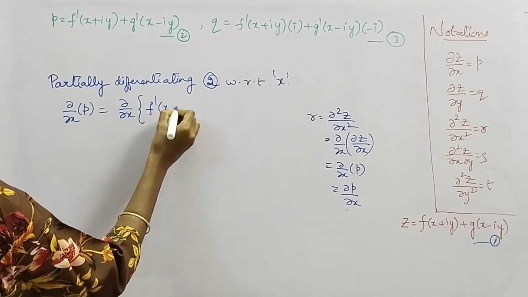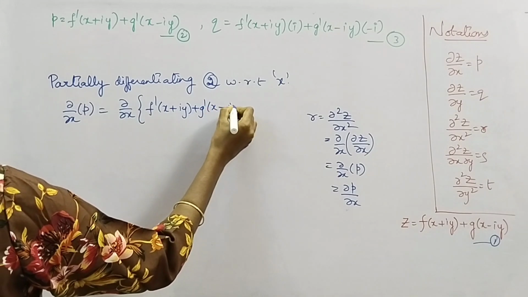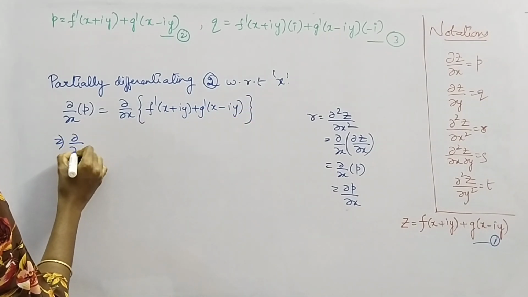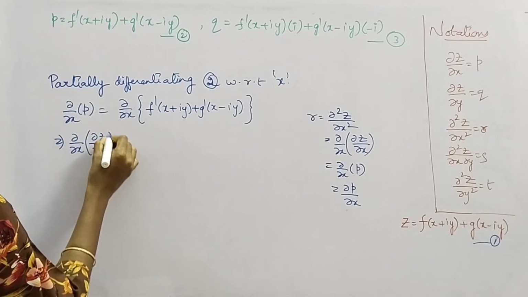You can do directly also. This gives us dou by dou x of p, which is nothing but dou z by dou x, right?